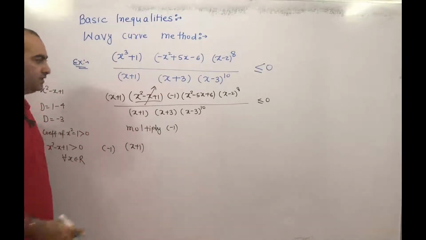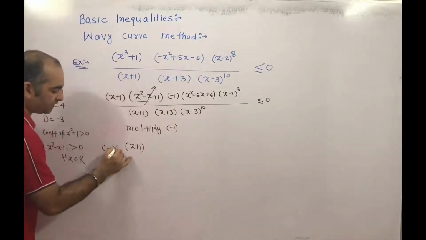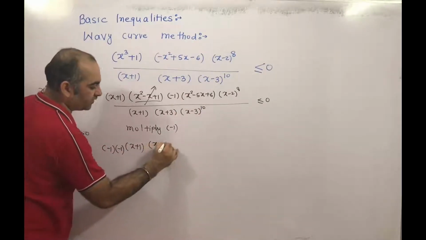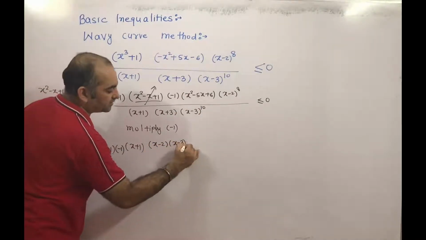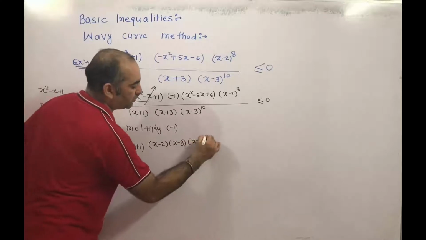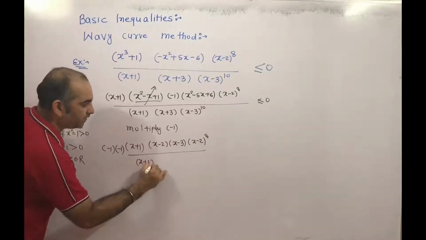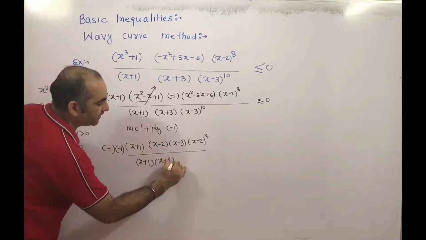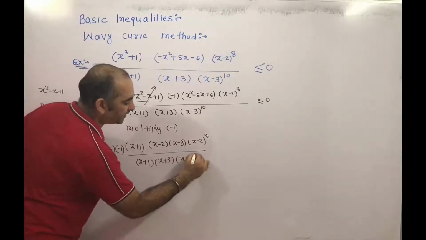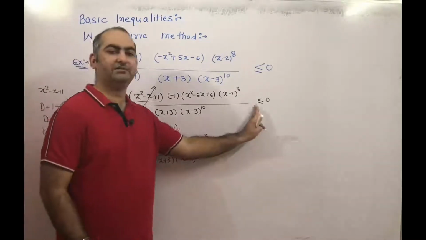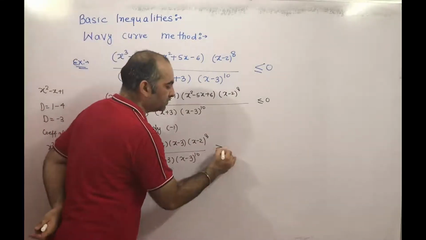Then what is this? Minus 1, so minus 1 will come here. This we can factorize, what will come? (x − 2)(x − 3). This is (x − 2) whole power 8 divided by (x + 1)(x + 3)(x − 3)^10, and you are multiplying with negative, so the inequality sign will change, this is greater than or equal to 0 will come.